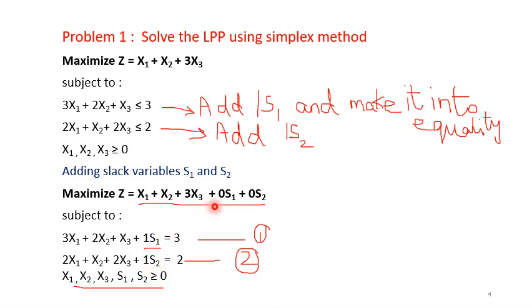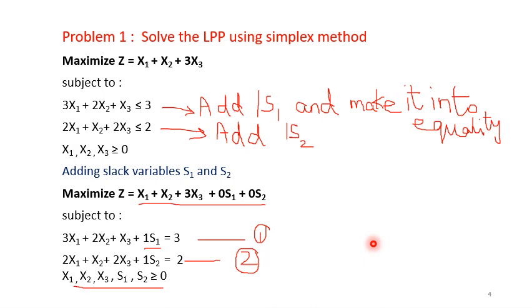The same S1 and S2 you show in the objective function but with coefficients of 0, because they don't exist in the objective function; they are slack variables. So slack variables S1 and S2 will have a coefficient of 0 in the objective function and a coefficient of 1 in the equations. You have to keep this point in mind.